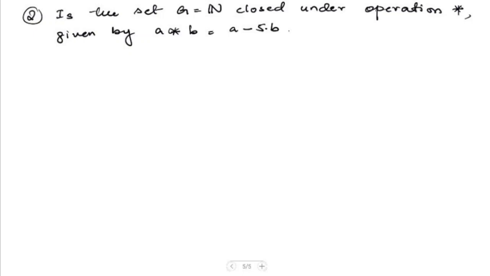So if you look at it, you can see that there can be some numbers where, if you multiply the number B by 5, which may be larger than A, and you subtract it from A, you will get a negative number. So in that case, the negative number will not belong to the natural numbers anymore, right?